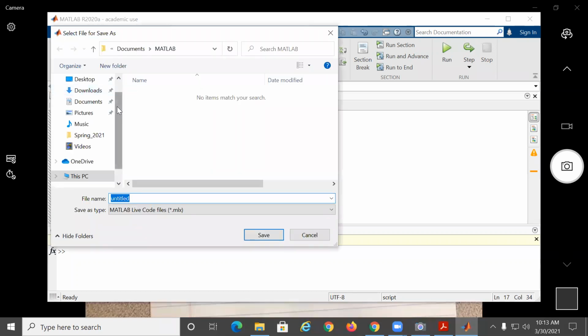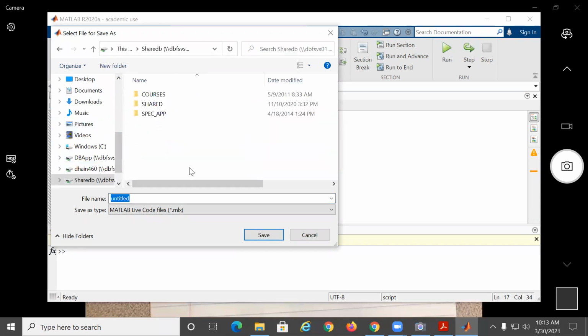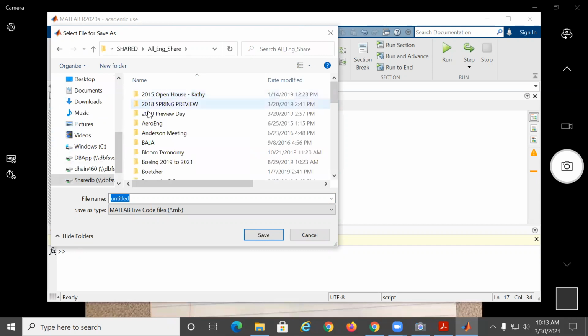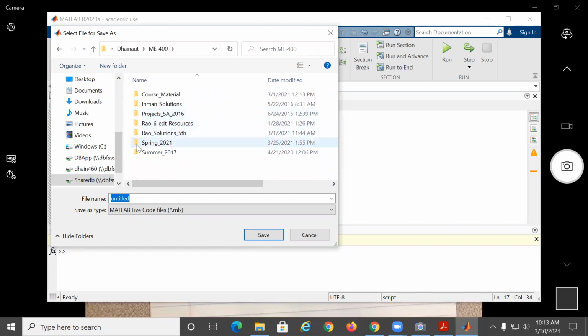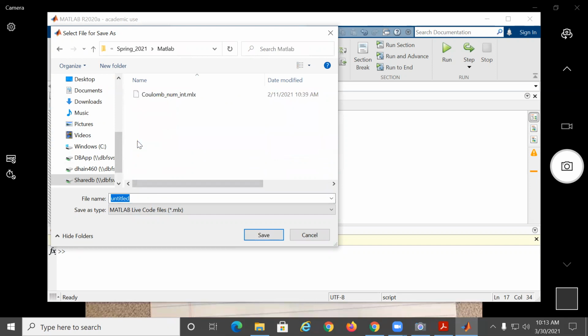Let me save it here, maybe where I can give it to you later. Let's see. Okay, so let's say MATLAB, but this one, 2 degree of freedom, example 1, in case we do that.